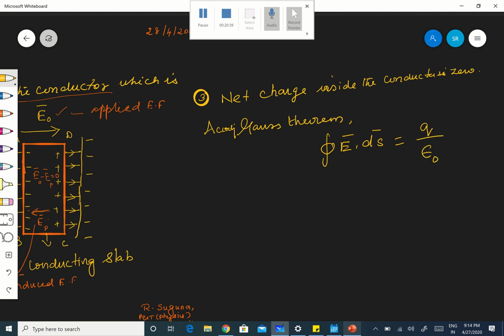Correct? Therefore, what happens here? Inside the conductor, we have just seen that E is equal to 0. Therefore, definitely Q has to be equal to 0.